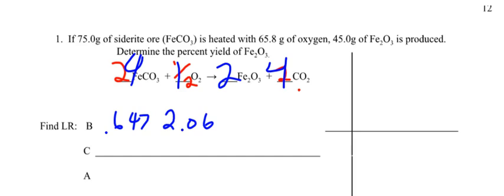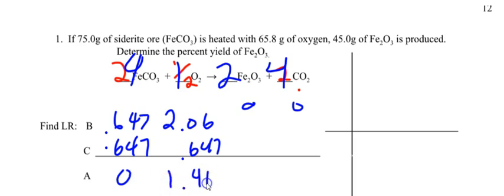I'm hoping that you can see pretty clearly which one is my limiting reactant. It's 0.647. And I get a 0 here, and 2.06 minus 0.647 is 1.413. So we chose correctly.